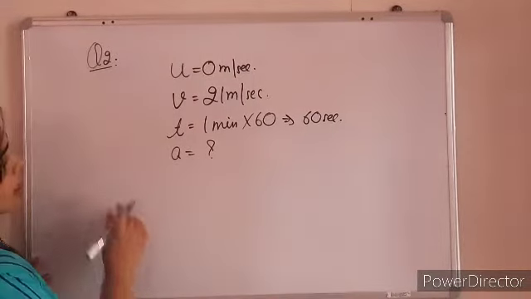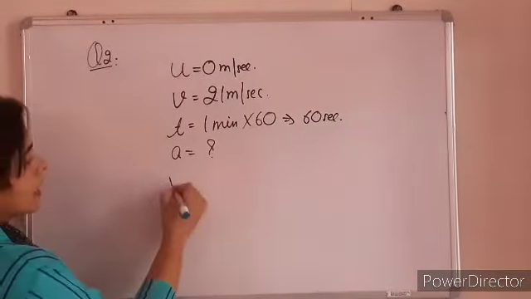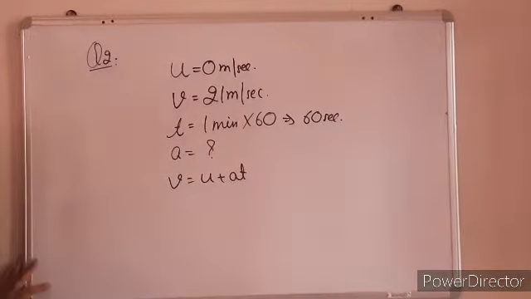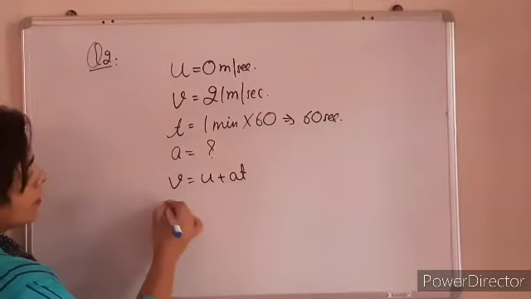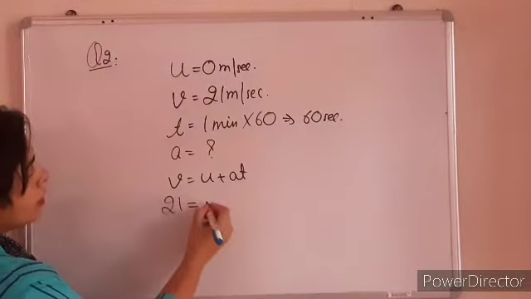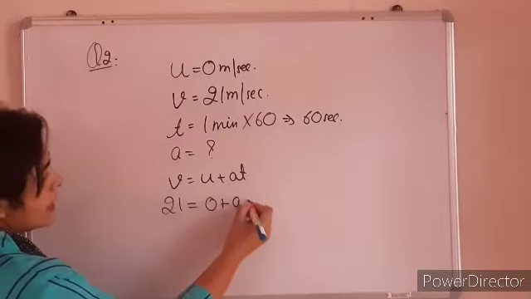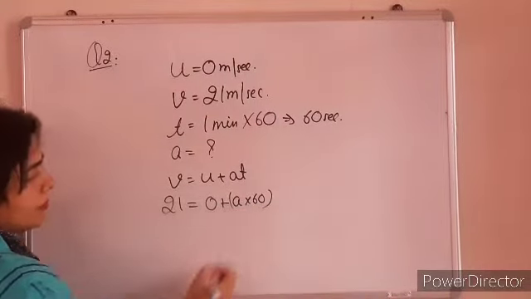So which formula do we apply? That is the first equation, V is equal to U plus AT. V is 21, U is 0, plus A which we don't know, and T is 60.